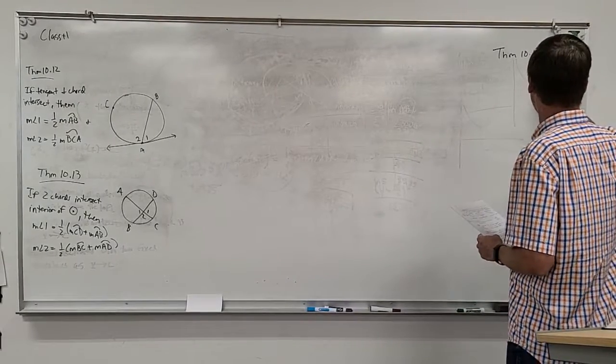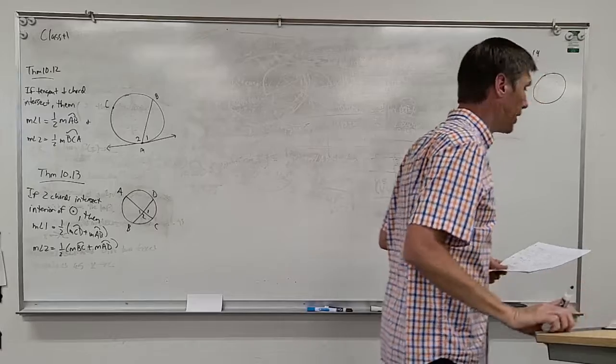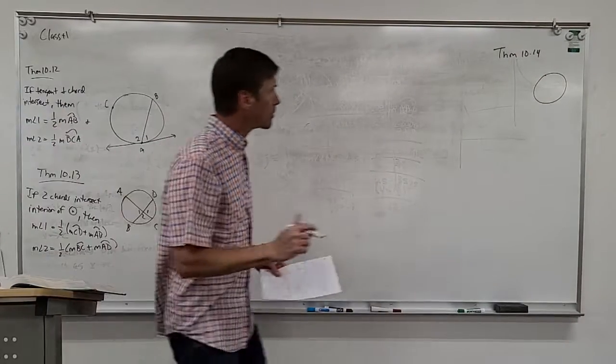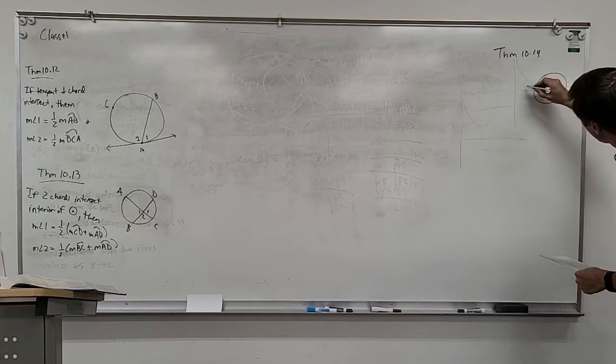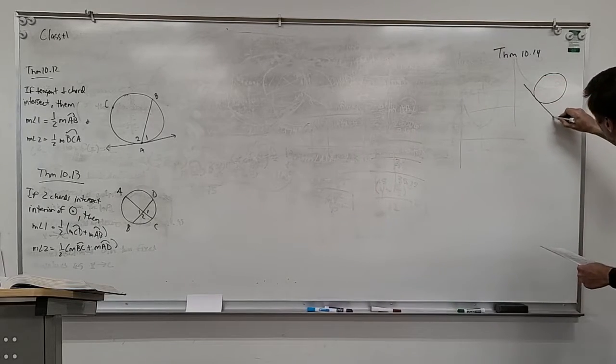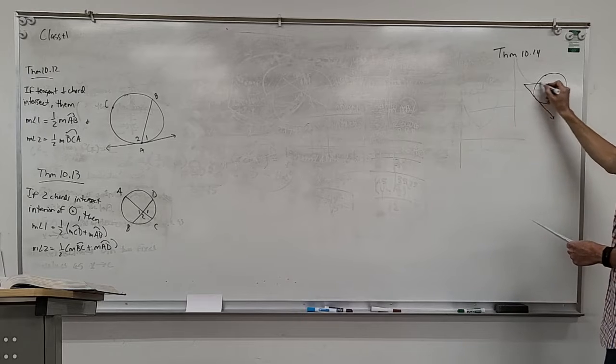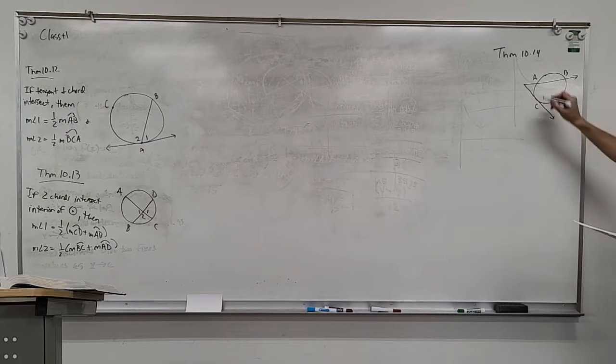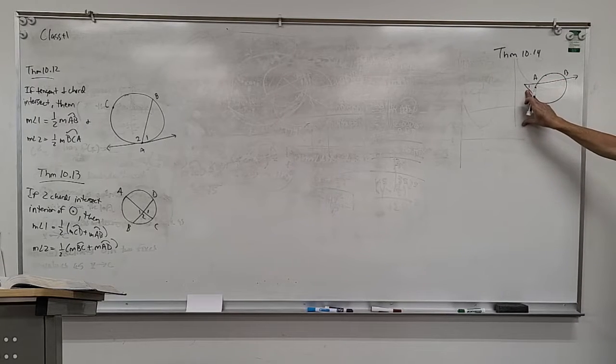For one circle, you've got a tangent out here, and you've got a secant right here. And so you can label points A, B, and a point C down here. And this is angle 1. And so you've got this angle that's formed by the tangent and the secant outside the circle.